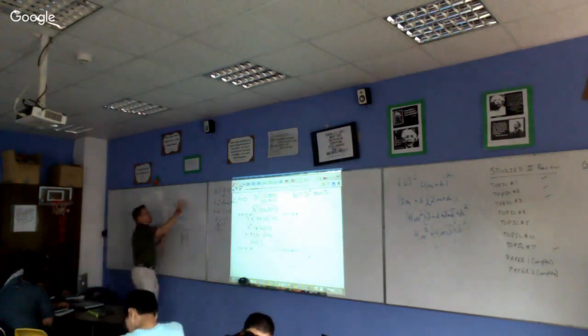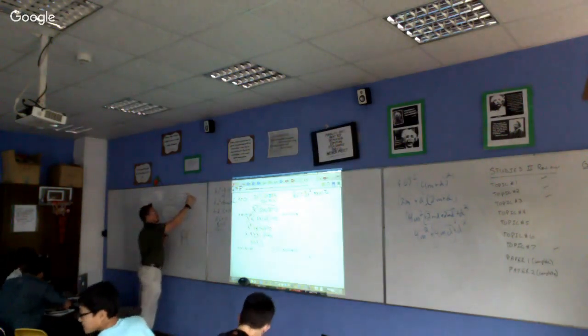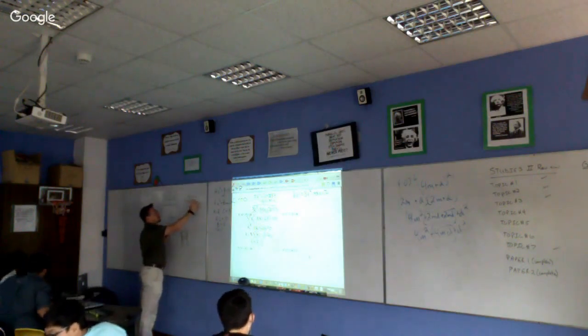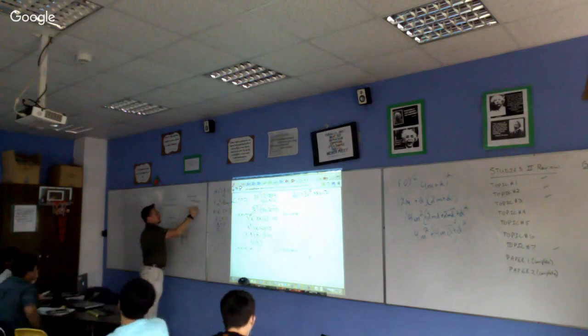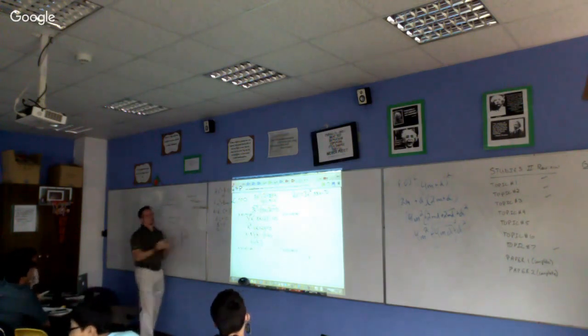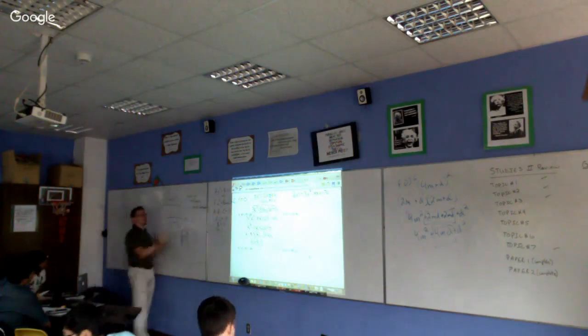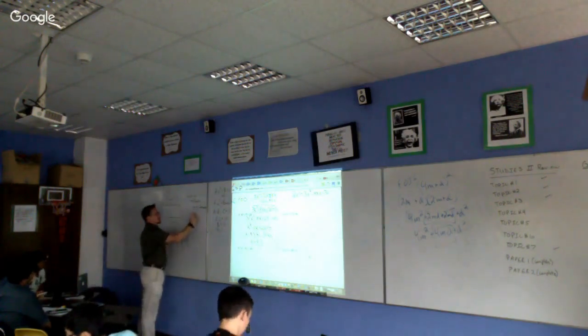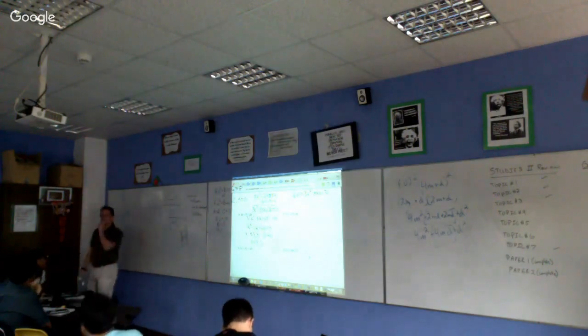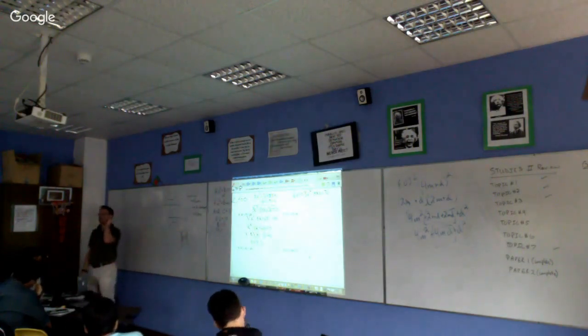So solution means the same thing as root, which is the same thing as x-intercept, which is the same thing as a zero. All 4 of these terms, ladies and gentlemen, are synonymous.